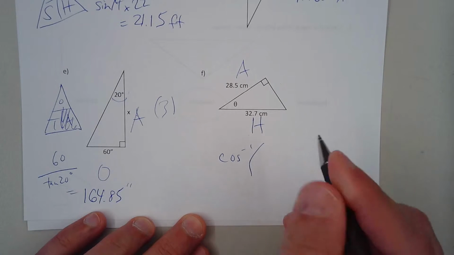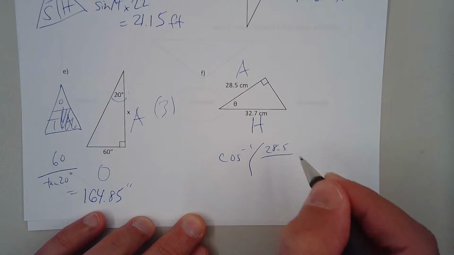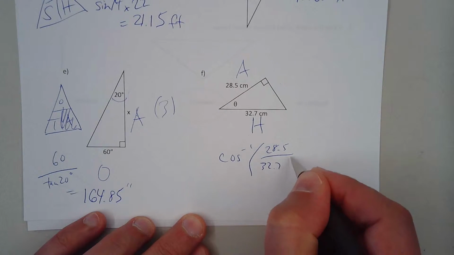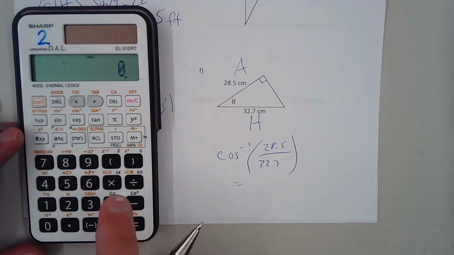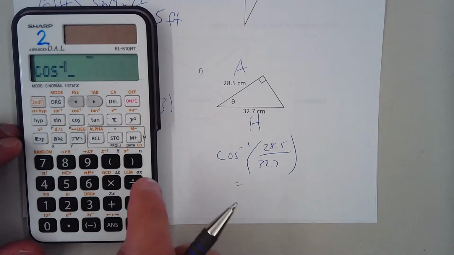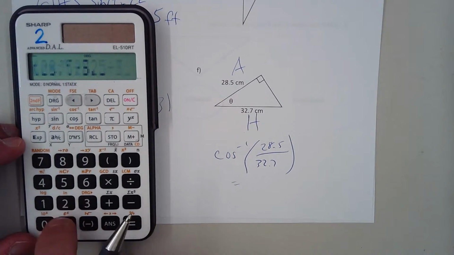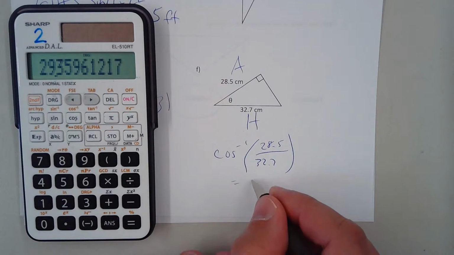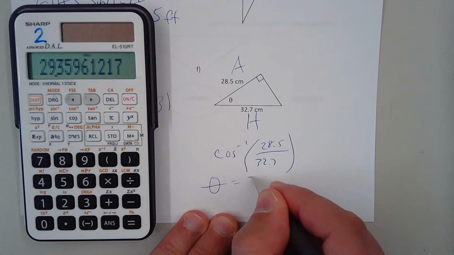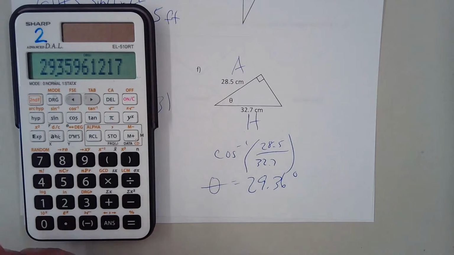So I need to do the inverse cosine of 28.5 divided by 32.7, 28.5 over 32.7, and I got 29.36 degrees. Yes? Okay.